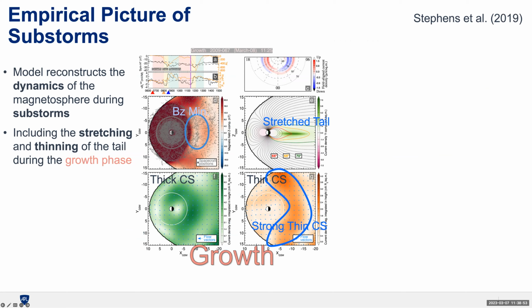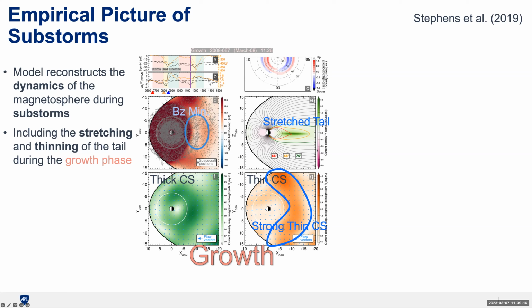We get this BZ minimum formation in the tail, and along with that, we get this highly stretched and thin magnetotail. Here I'm showing just the thin current sheet portion of our model, and you can see that we get the strong embedded thin current sheet, which is acting to stretch out the tail.